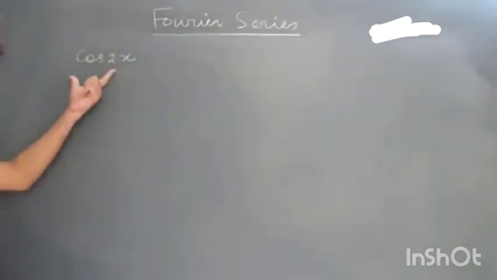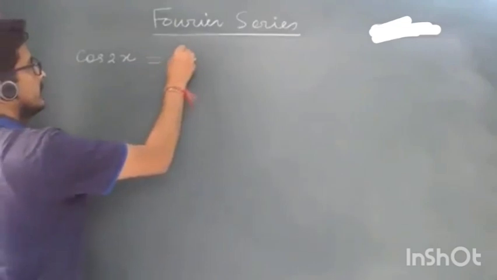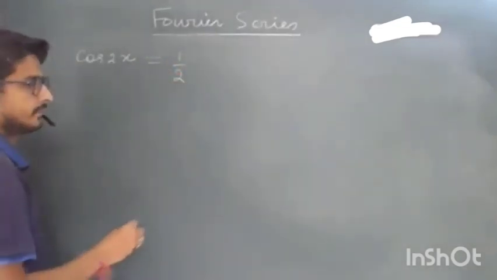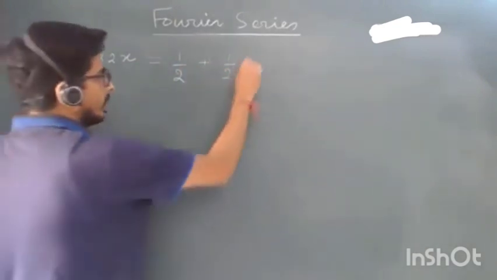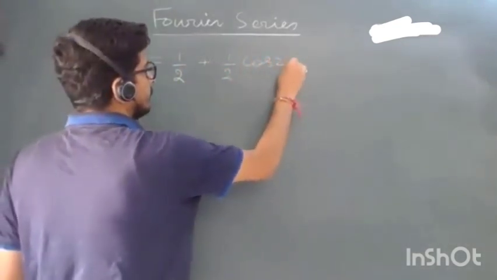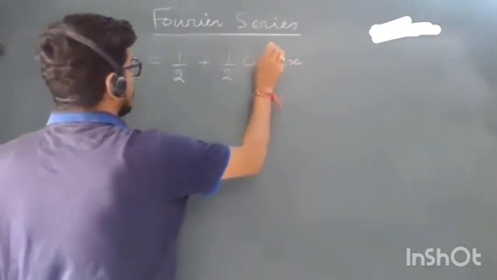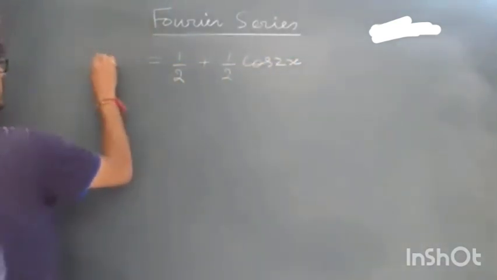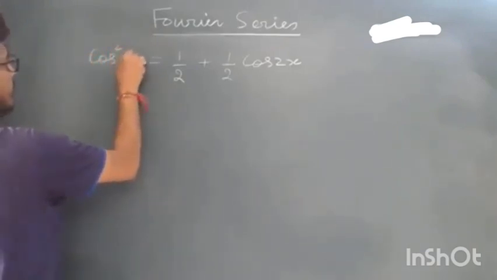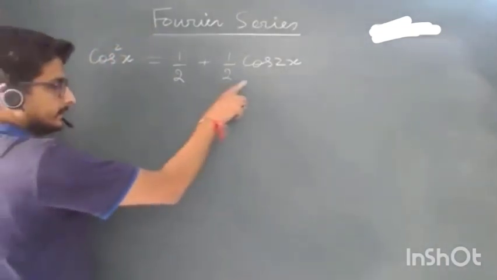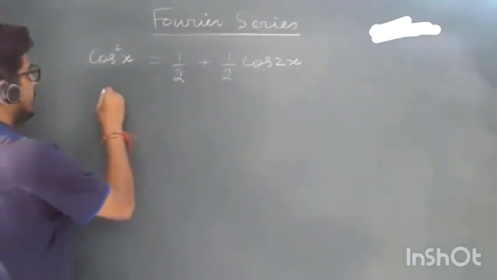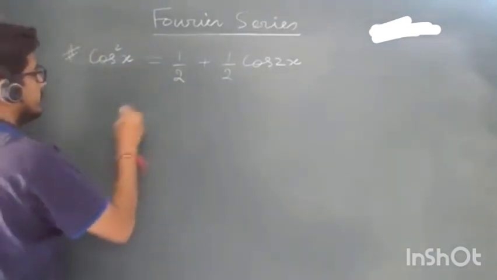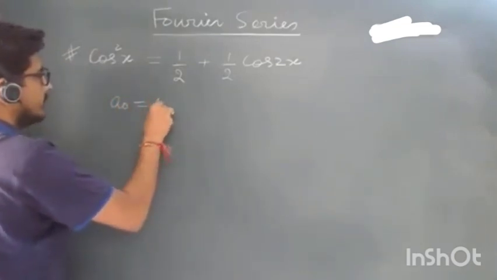So this is some function and the formula is 1 by 2 plus 1 by 2 cos of 2x. Correct? Yes, sir. And if anybody asks you what is the value of a naught here, it is 1.